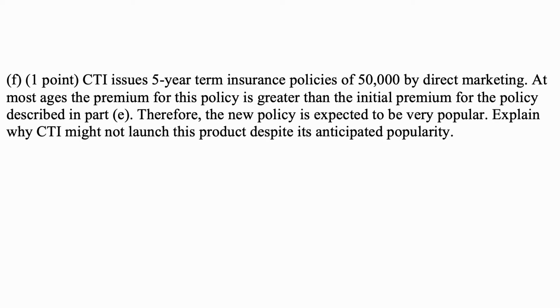And question F. CTI issues 5-year term insurance policies of 50,000 by direct marketing. At most ages, the premium for the policy is greater than the initial premium for the policy described in Part E. Therefore, the new policy is expected to be very popular. Explain why CTI might not launch this product despite its anticipated popularity.